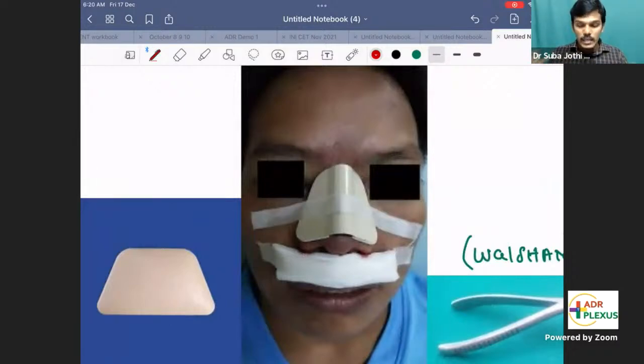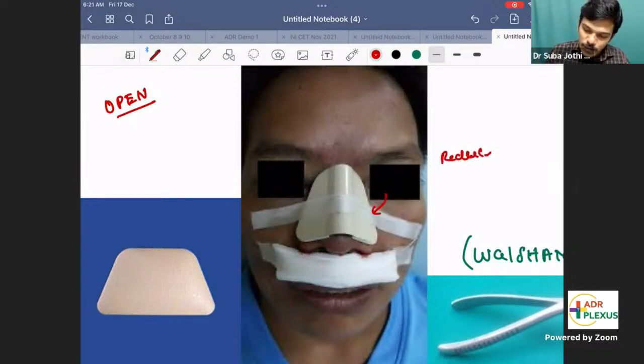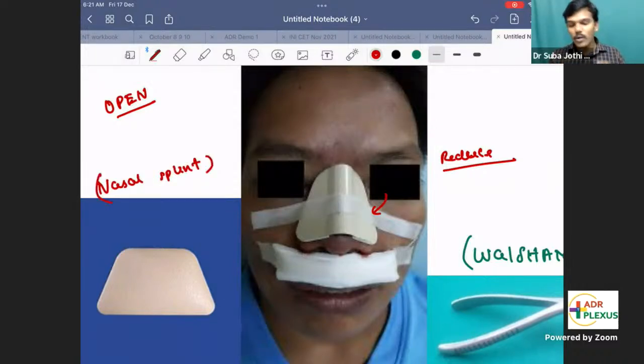Then if the fracture is associated with an external injury, you can go for open reduction. In open reduction, you can straight away visualize the fracture segment and reduce it. Then you can apply a nasal splint over the reduced fracture segment.